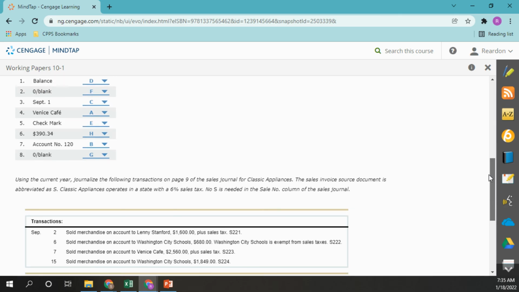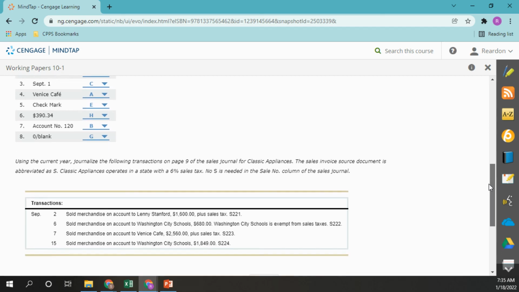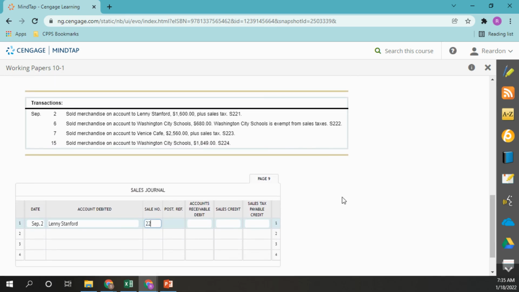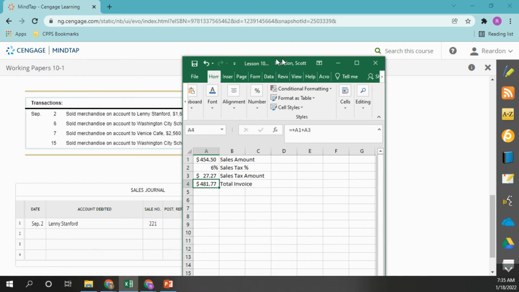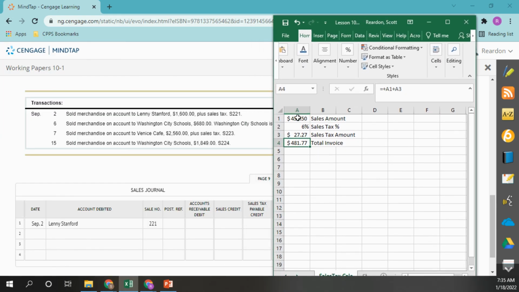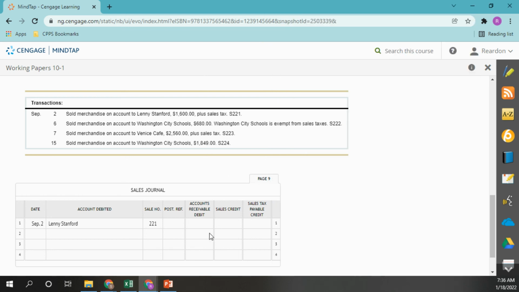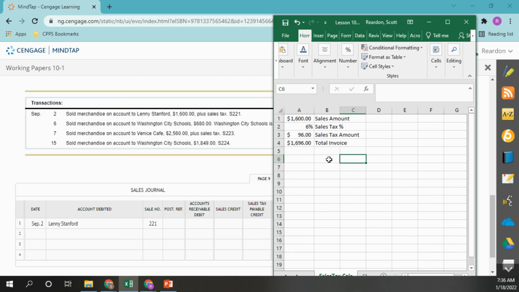Sales number: no S is needed, so I'm going to put 221. Now we sold it for $1,600. Let me get my handy dandy little calculator over here. We have a sales tax rate of 6%, so we're going to record sales tax of $96 for a total invoice of $1,696.